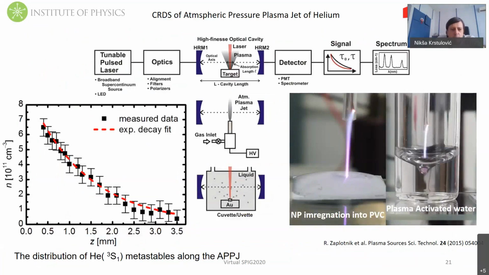It's not the topic today, but I will just mention that we also perform detection and mapping of helium metastable atoms along the plasma jet, which is a very important species for all those underlying chemical processes in the plasma when it interacts with the material or with the surrounding atmosphere.